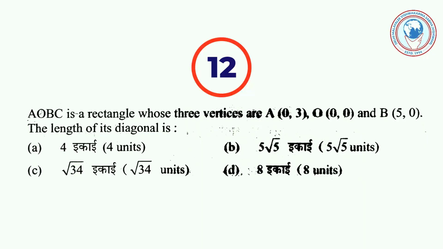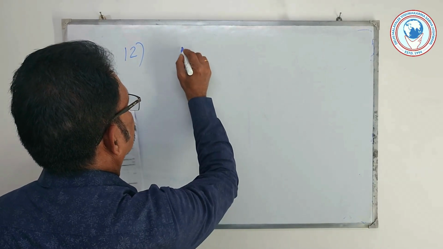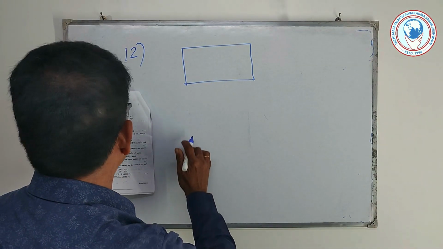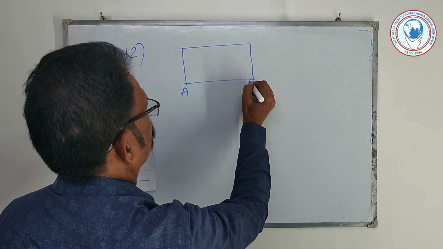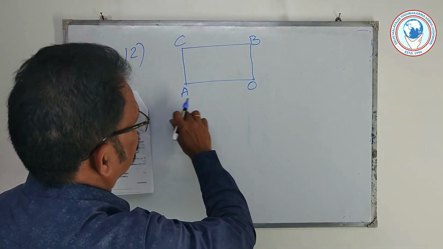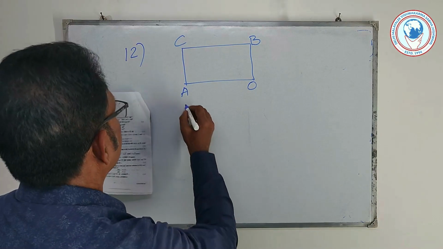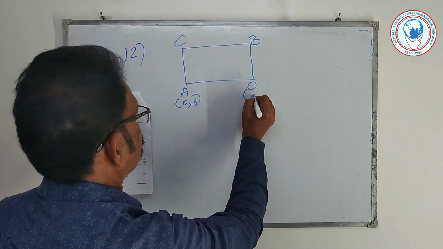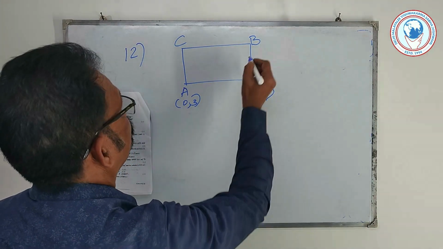Now question 12. AOBC is a rectangle whose three vertices are A(0,3), O(0,0) and B(5,0). The length of its diagonal. Always write in the order AOBC.